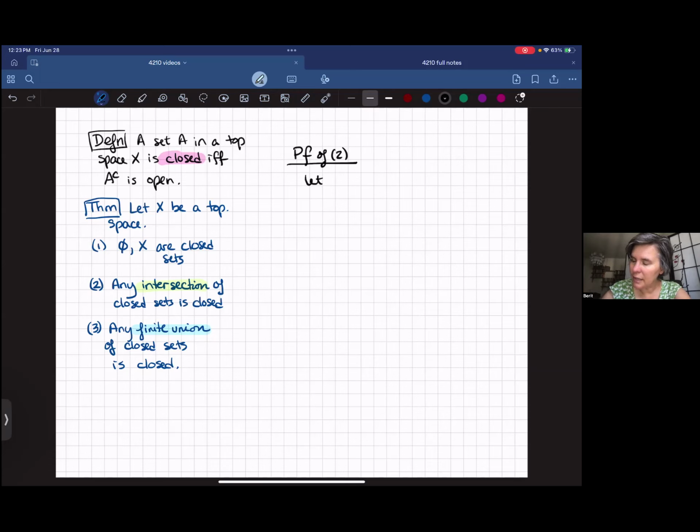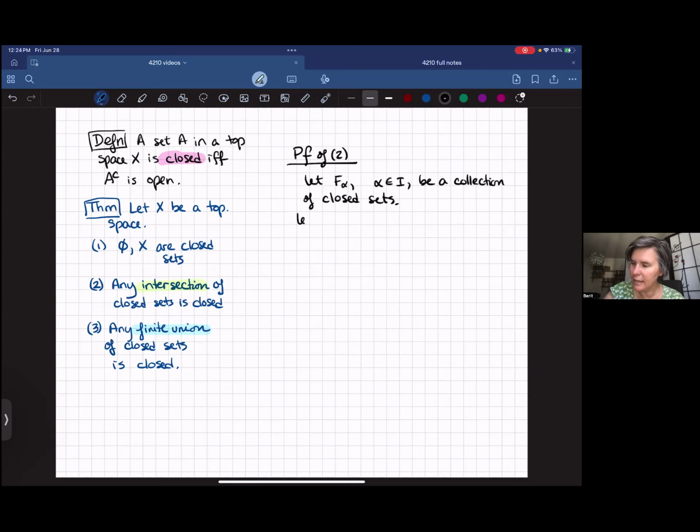I'm going to say let F sub alpha for alpha in I be a collection of closed sets. So I is my index set. I could be just 1, 2, 3. I could be the natural numbers. I could be the real numbers. I could be anything. Okay. But the point is just that I have a whole bunch of F sub alphas where alpha takes on a range of values. Who knows what the alphas are?